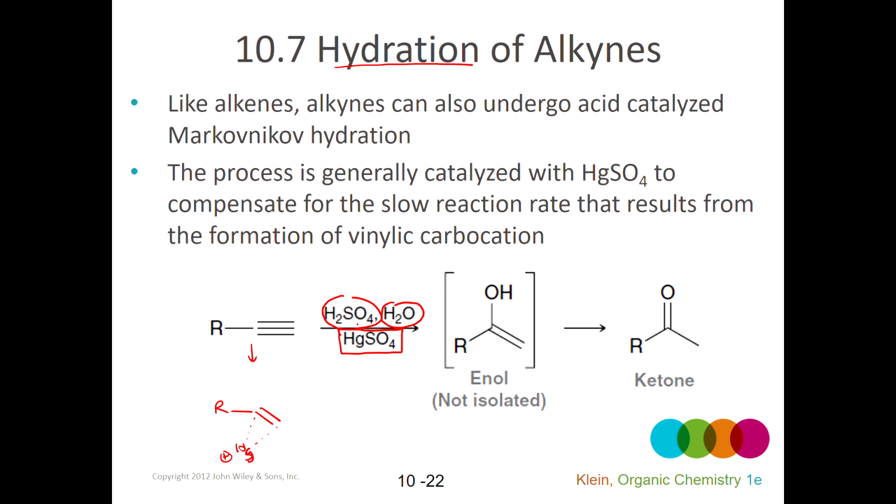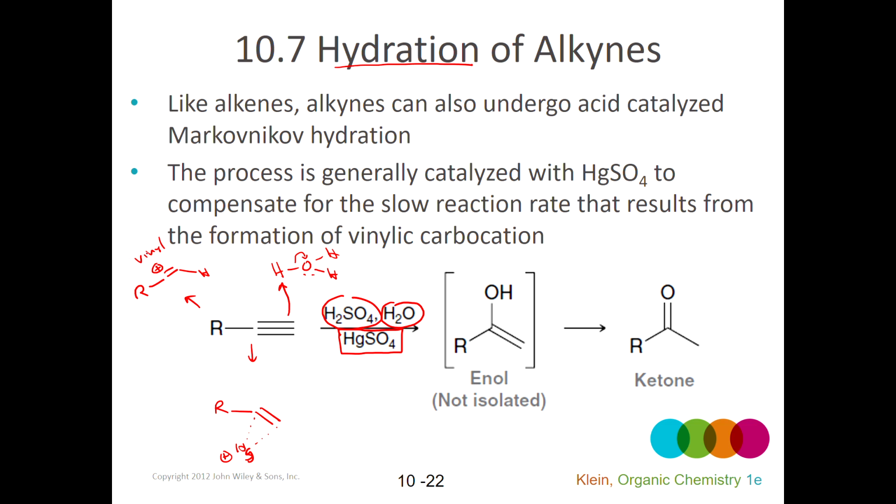So we can't just use standard acid, because if I just use H3O+, which would come from sulfuric acid reacting with water, and I imagine that picking up a proton, it will pick it up on the end here, and then I would get a carbocation. The carbocation is vinyl, and we said that's really unstable.